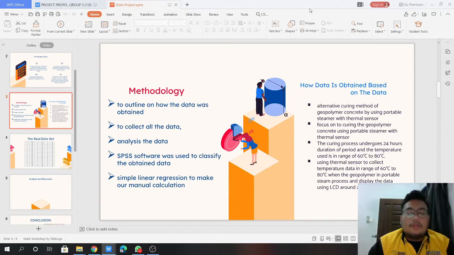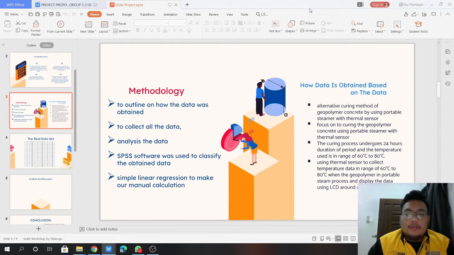The data were obtained from our senior, a PSM student from UTHM, whose name is Nurul Azia Najwa binti Alias. Her project is focused on the curing method of geopolymer concrete by using a portable steamer.